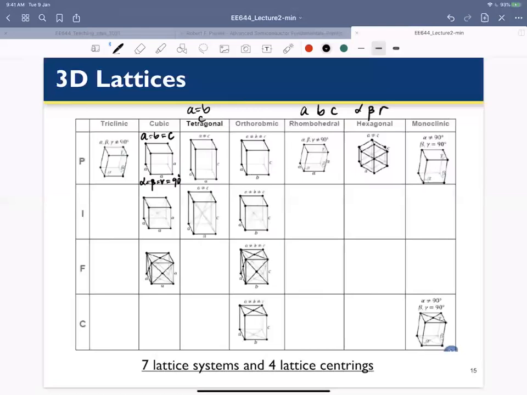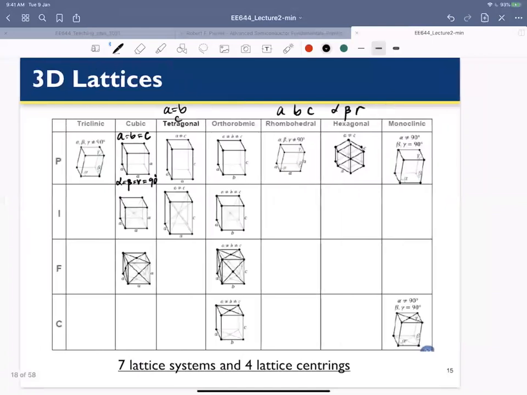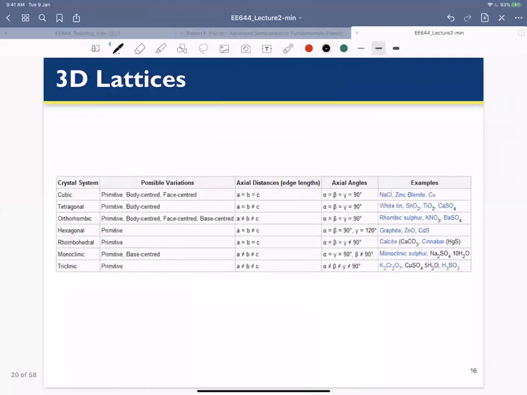So based on these seven lattice systems and four lattice centerings, most of the crystals available in nature are divided into these lattice systems, right? Let's say there are some examples. The crystal system is cubic.